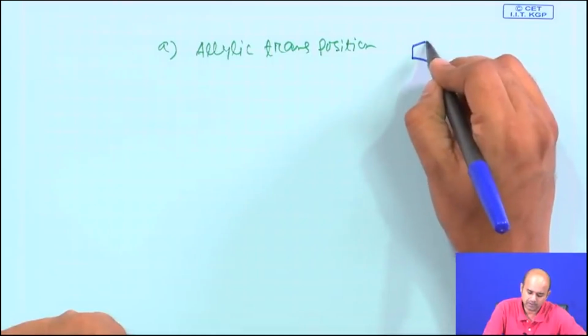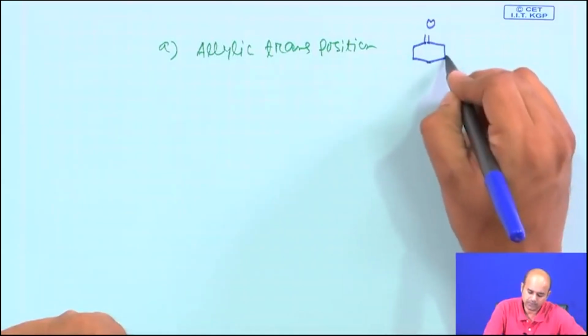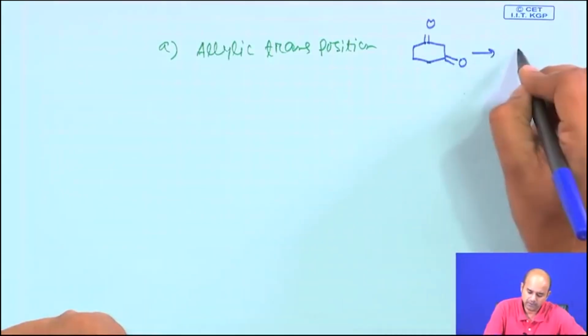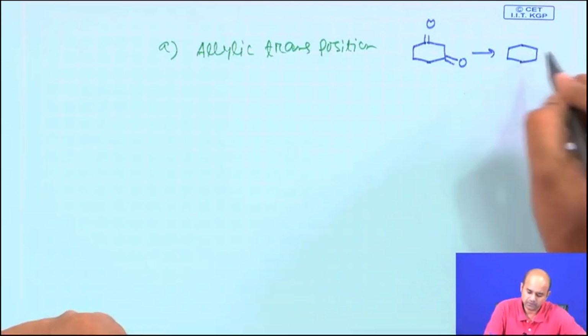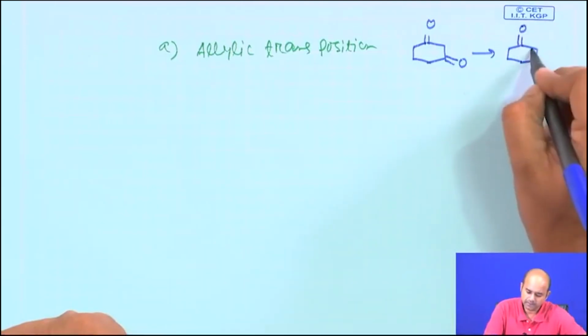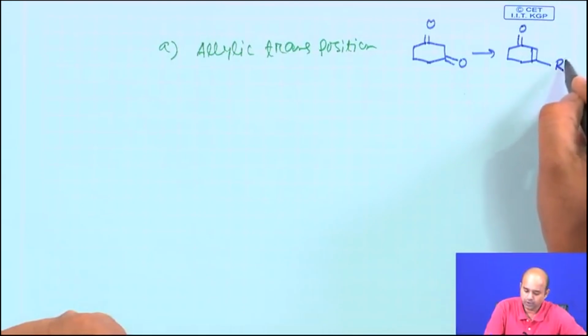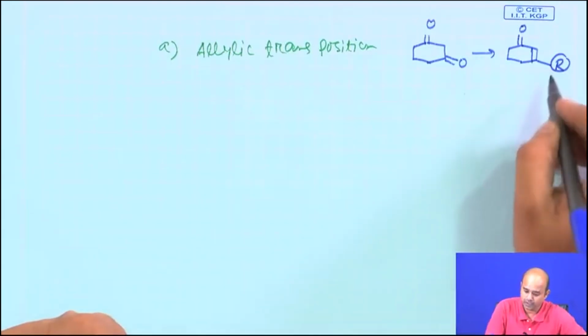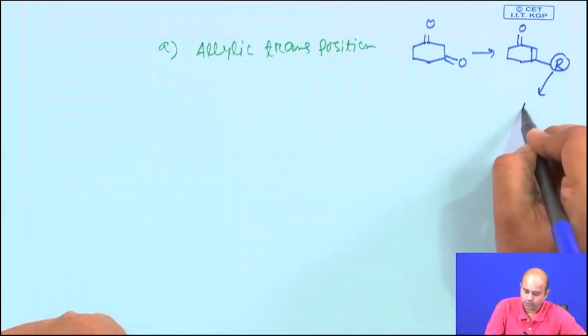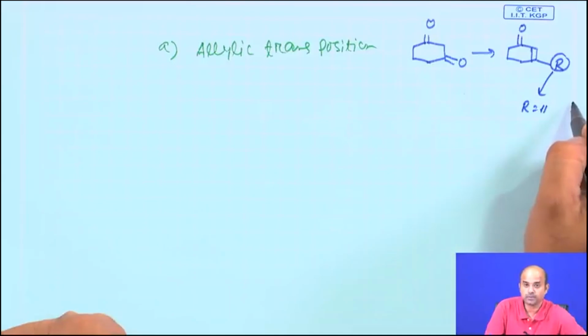If you have a diketone compound like this, you can fine tune this reaction to get this compound. Here we are not using any external nucleophile; we put R equal to hydrogen through lithium aluminum hydride.